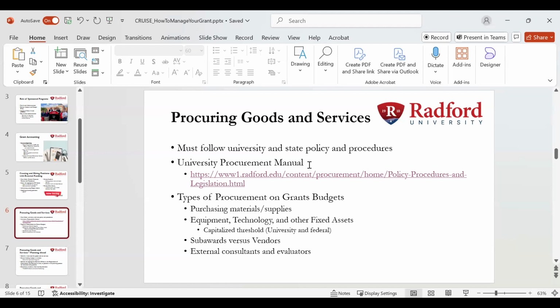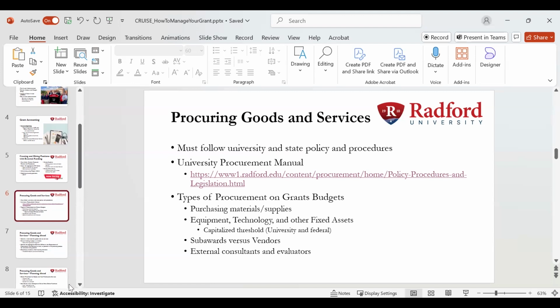Now, there are exceptions. Sometimes we have grants where we're generating a lot of paper and doing surveys and whatnot. But the general rule of thumb is that purchasing materials and supplies means field supplies, technical supplies, anything that you need that's not deemed to be dual use or used in the office.